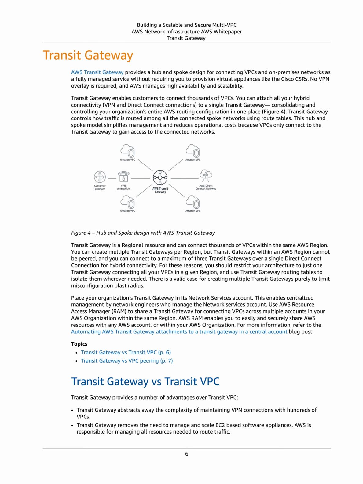Transit Gateway versus Transit VPC. Transit Gateway provides a number of advantages over Transit VPC. Transit Gateway abstracts away the complexity of maintaining VPN connections with hundreds of VPCs. Transit Gateway removes the need to manage and scale EC2-based software appliances. AWS is responsible for managing all resources needed to route traffic.